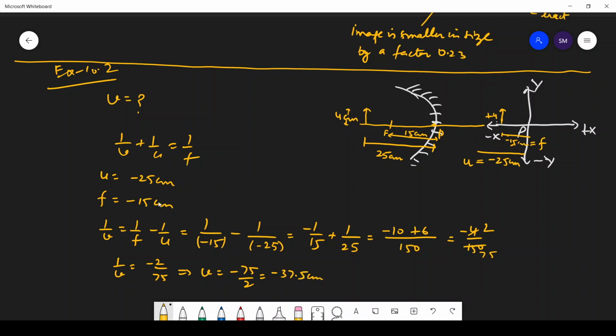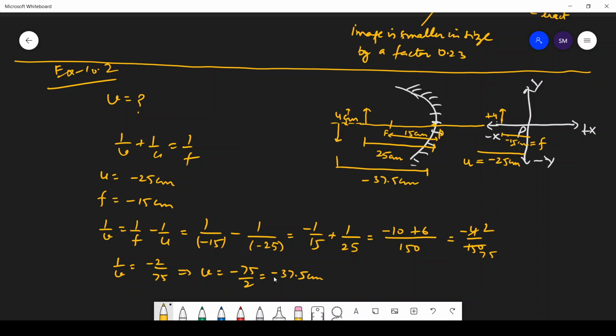So students, all these units are supposed to be same. Okay, so here you have your image. So that is here at this point. So obviously it is real, it is inverted. So this is at a distance. So this distance is minus 37.5 centimeter.